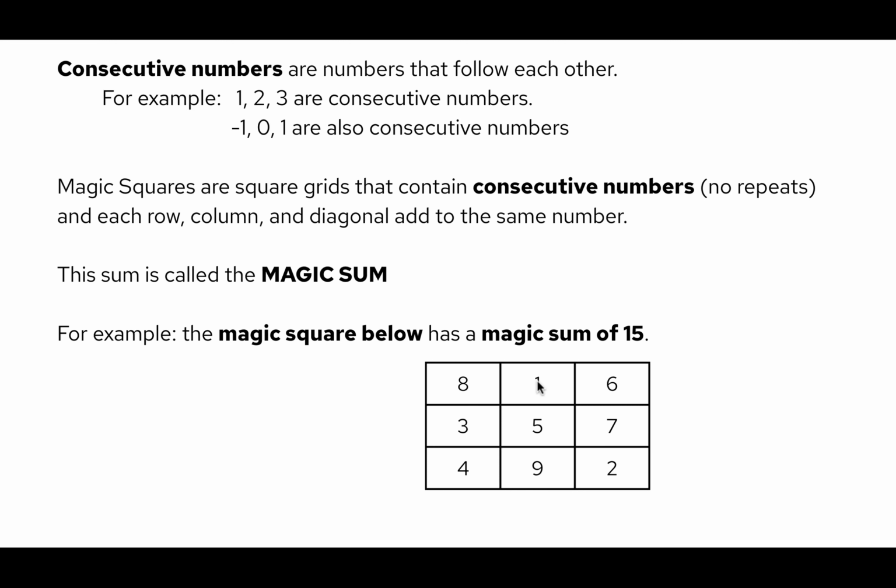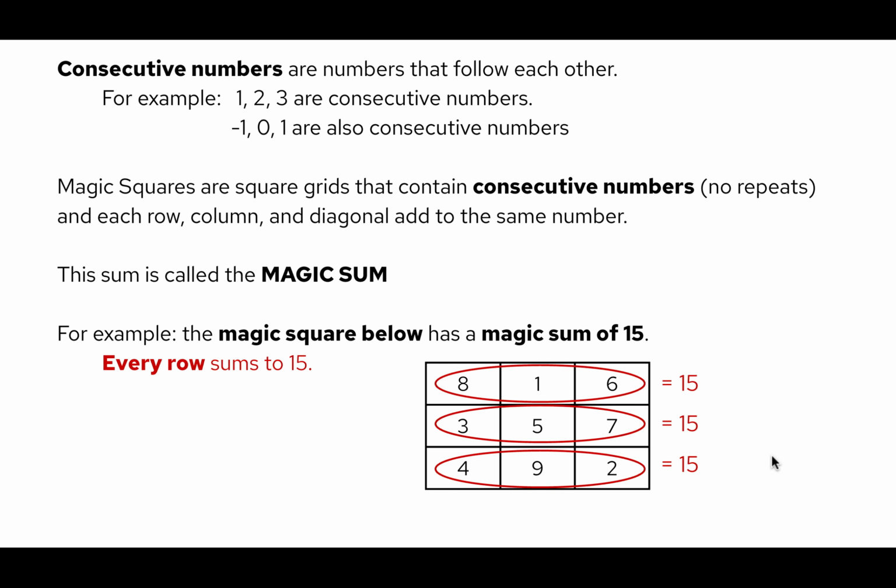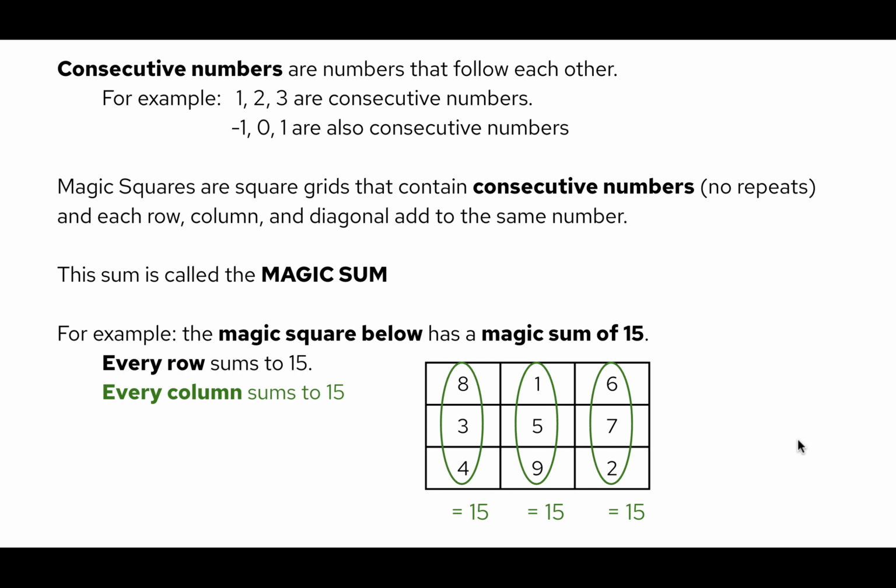Notice that we have our consecutive numbers 1, 2, 3, 4, 5, 6, 7, 8, and 9, and none of them are repeated. Every row has the sum of 15: 8 plus 1 plus 6, 3 plus 5 plus 7, 4 plus 9 plus 2.